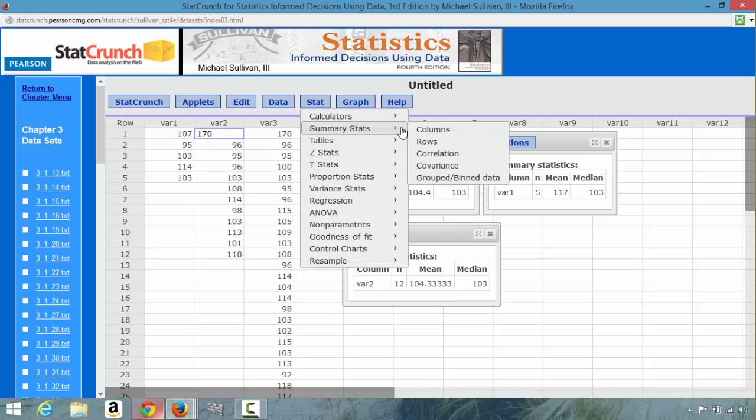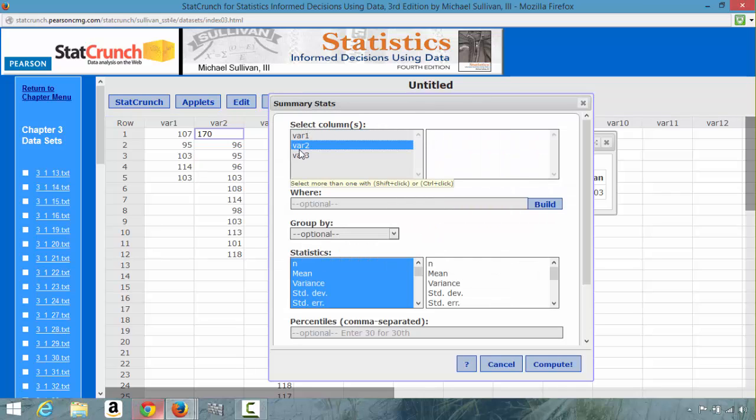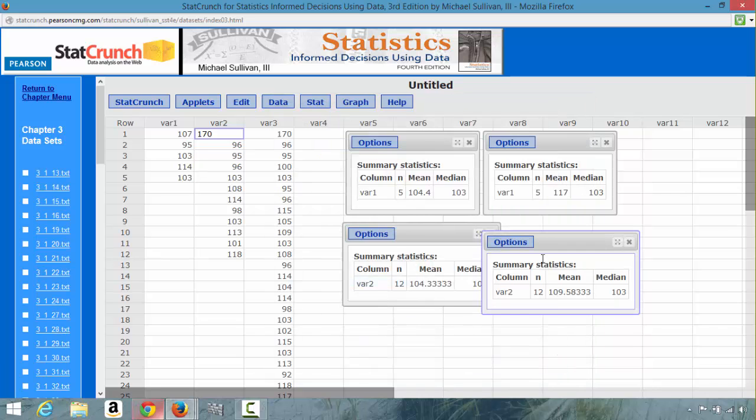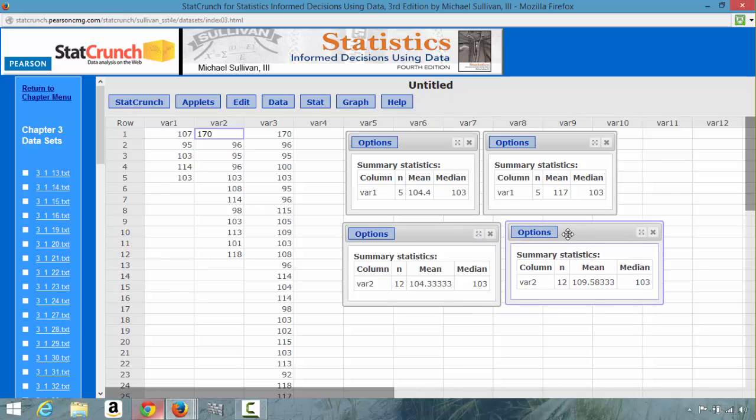Start, Summary Stats, Columns, variable 2, sample size, mean, median. Okay, this is for that. You see, in this case again, the mean changed, the median didn't change. Do you see that?